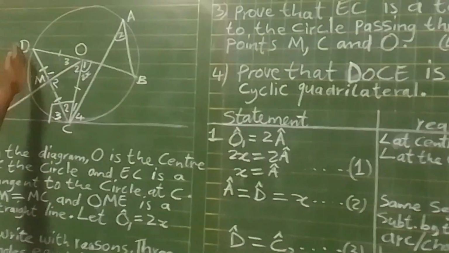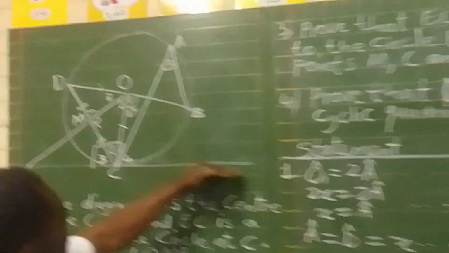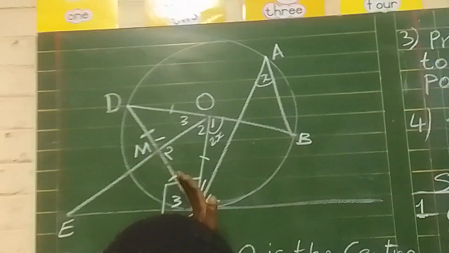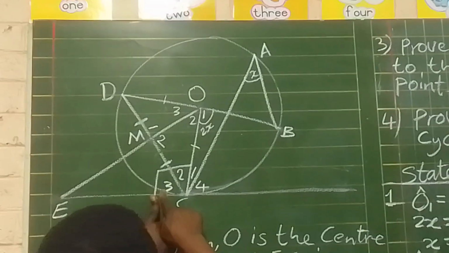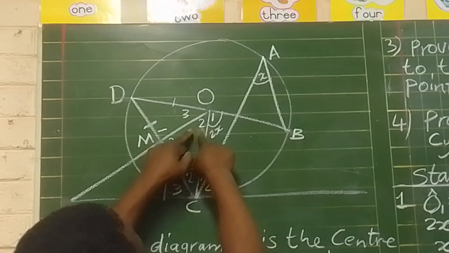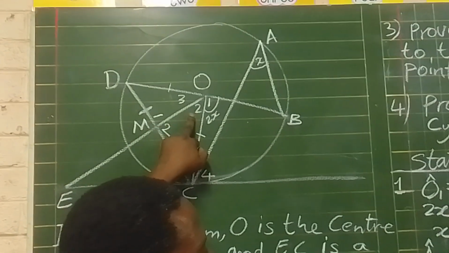That means this tangent, together with the chord, they form the angle which is equal to the angle in the alternate segment.